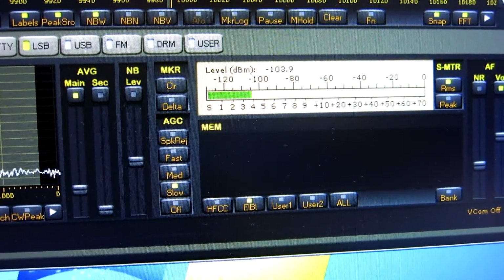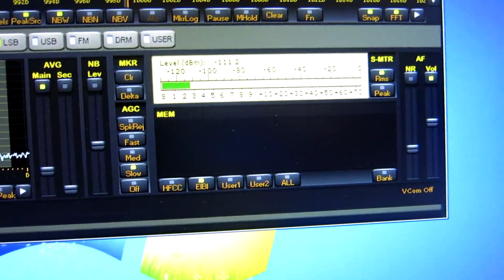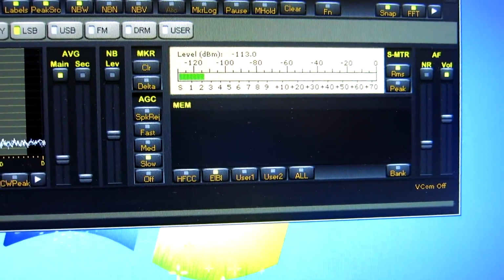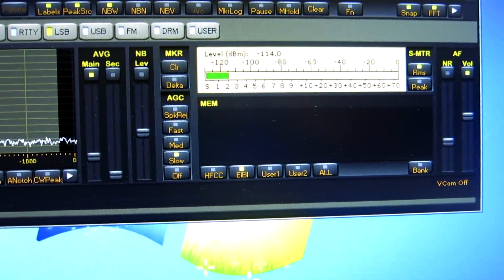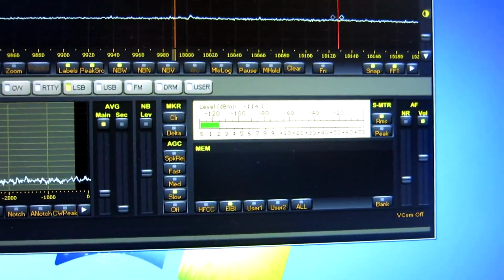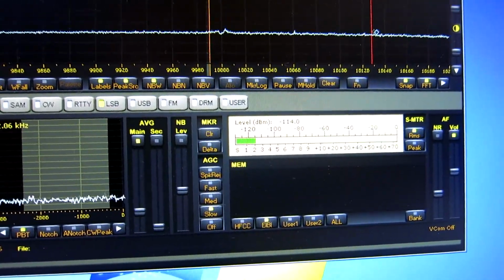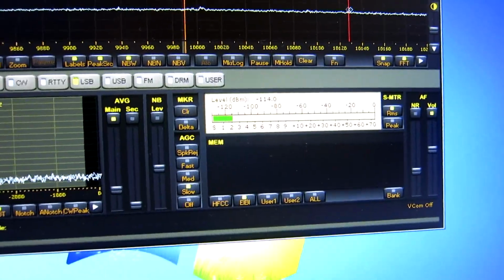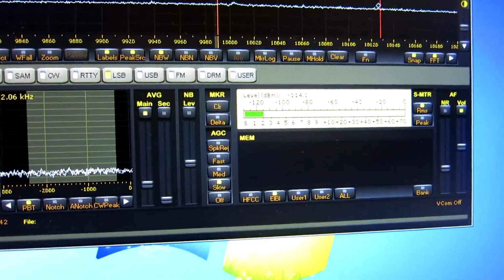And then I see minus 113, 114. So the signal is a little bit too strong. It gives more than a 3 dB degradation. Now, probably it is the sideband noise of the signal generator.